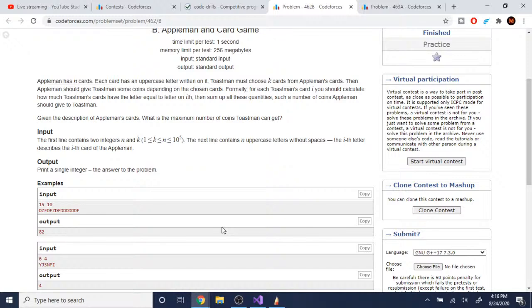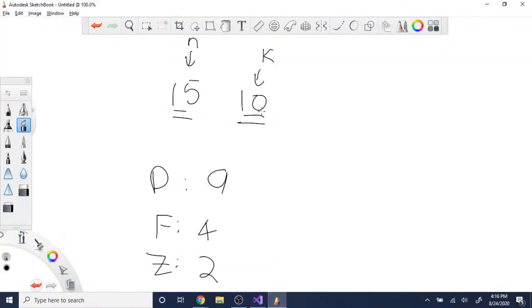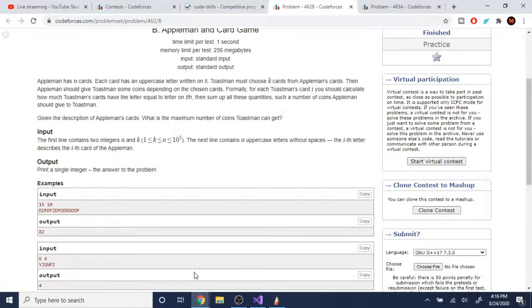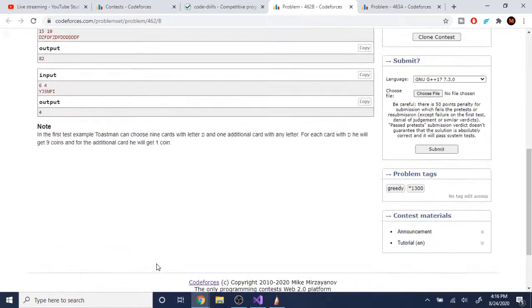So you want to give coins to Toast depending on the chosen cards. So we have to choose 10 cards from here such that the cards have the letter equal to the letter on the ith, then sum up those letters. What is their explanation?